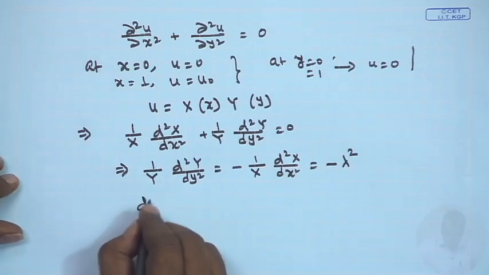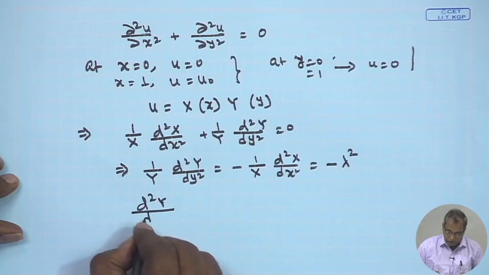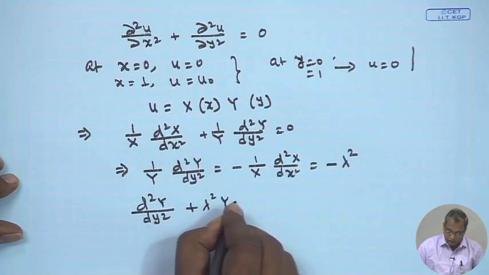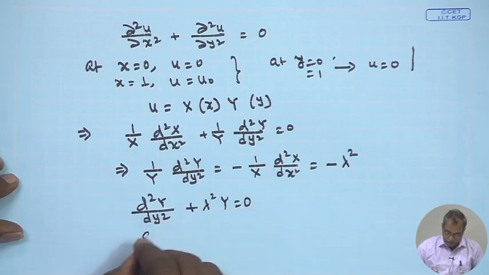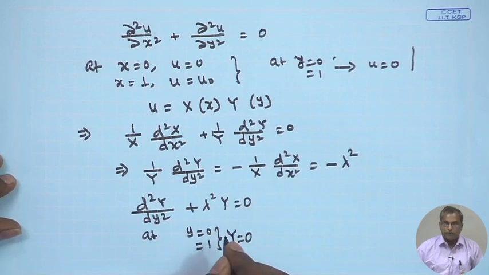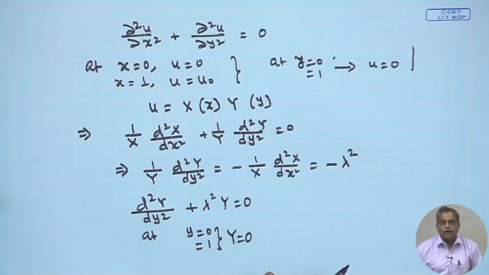If we now formulate the governing equation of Y, it will be nothing but Y'' + λ²Y = 0, with capital Y = 0 at y = 0 and y = 1, in order to conform to the boundary condition of the original problem in the y direction.